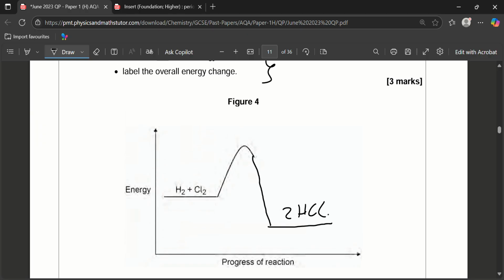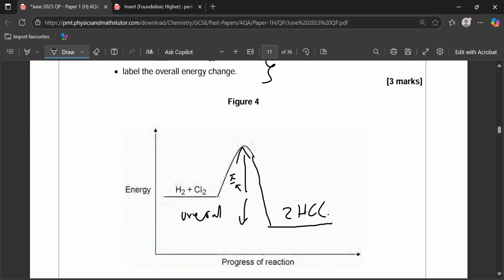To complete the reaction profile, again a wonky line, not the best curve, but it will do. And this gap between the reactants and the peak is going to be your activation energy. Just going to write EA, activation energy. But your overall energy change is going to be the difference between your reactants and products.